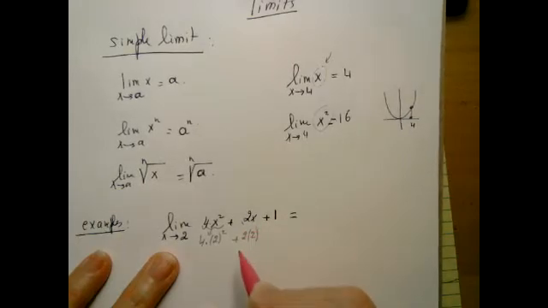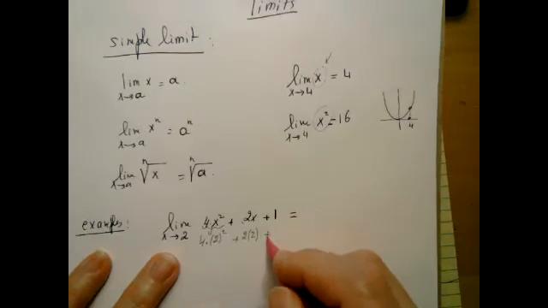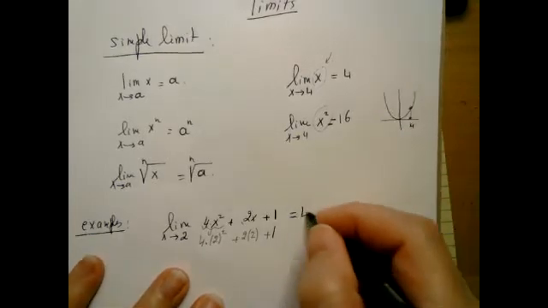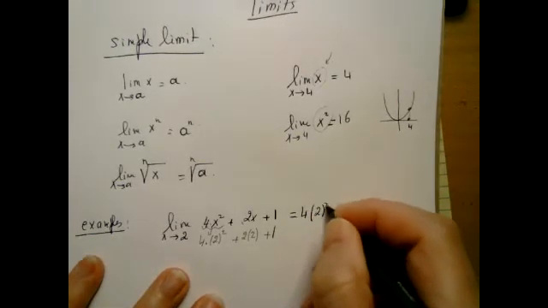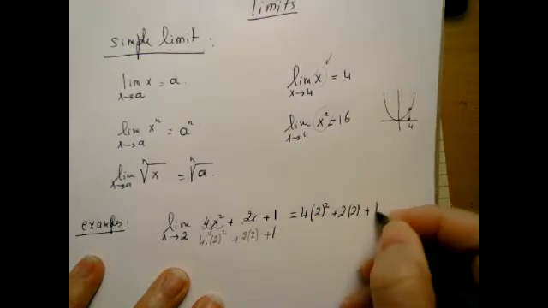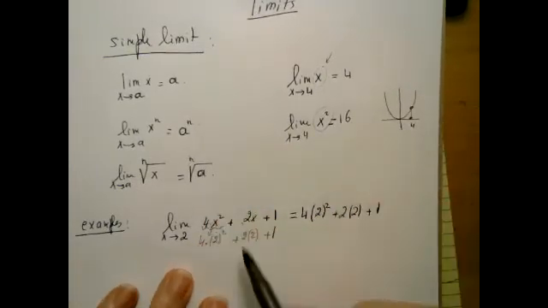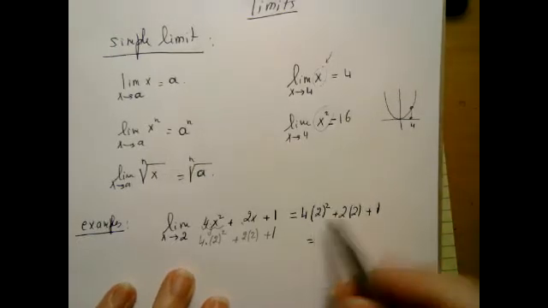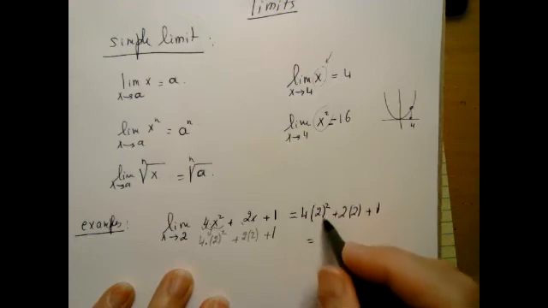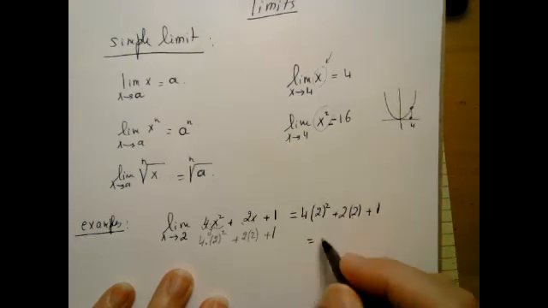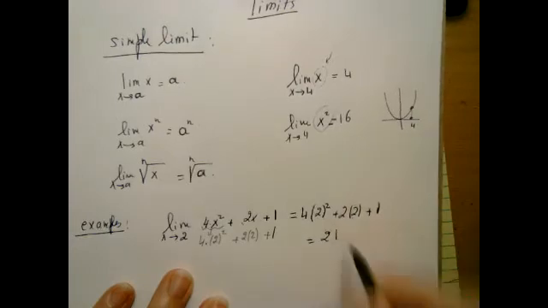So really we're plugging in the 2 in this scenario. 1 is 1. I mean, there is nothing really happening. So this limit is going to be nothing more than 4 times 2 squared plus 2 times 2 plus 1. So when we have simple functions that we call polynomials like this, we just plug in. Now if I add them, I will have 16 from here, plus 4, which gives me 20, plus 1, which is going to give me 21.